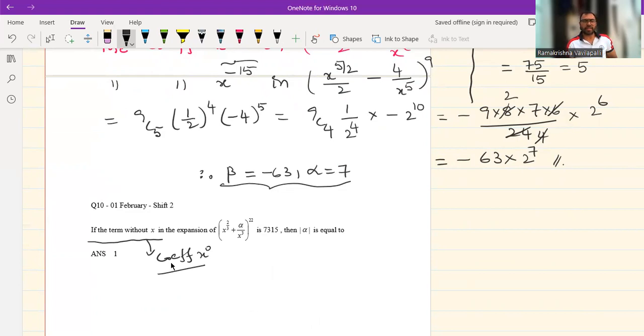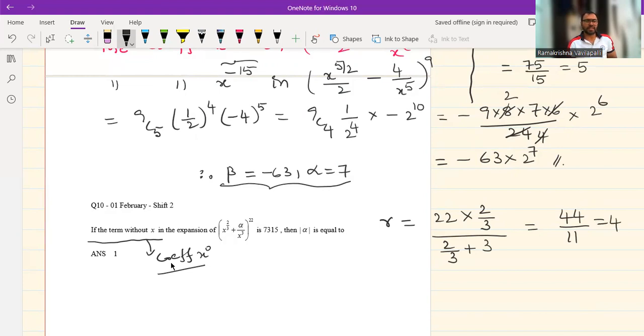Again, I am applying r equals (nP - k)/(P + Q). n is 22, P is 2/3, k is 0, divided by 2/3 plus 3, equal to 44 divided by 11. This is equal to 4. So here r is 4.